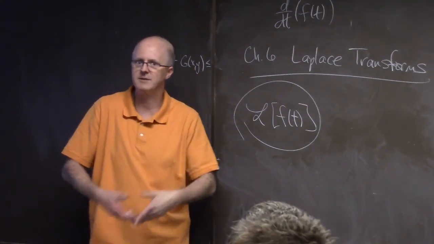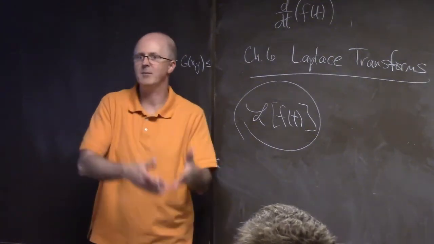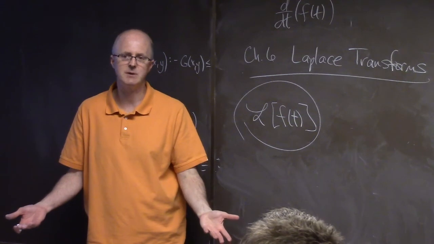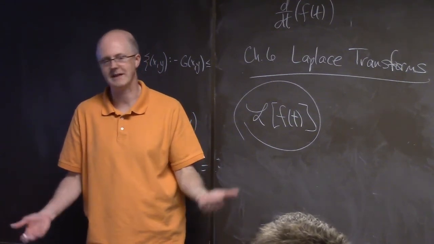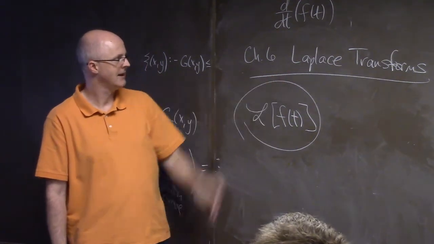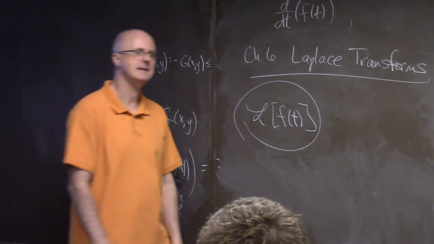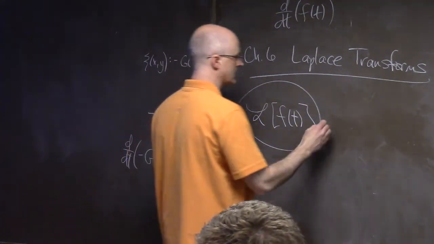Their inputs are not numbers and their outputs are not numbers. Their inputs and outputs are functions. And when that happens, we often call them transforms. And that's why it's called the Laplace transform. Laplace was a contemporary of, I think, Euler in the 1700s, named after Laplace.